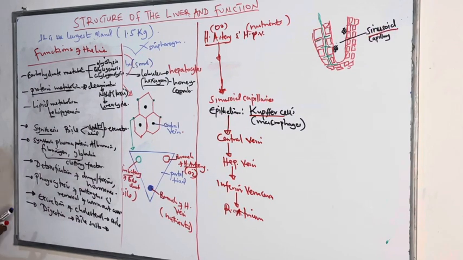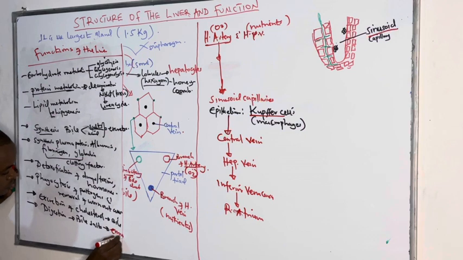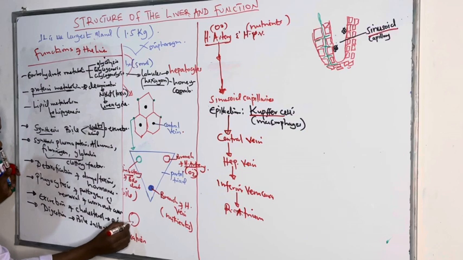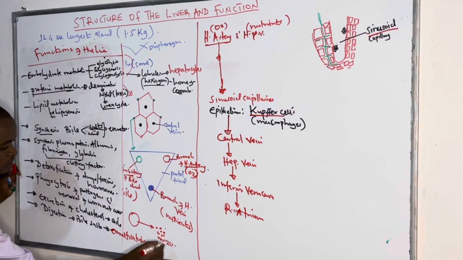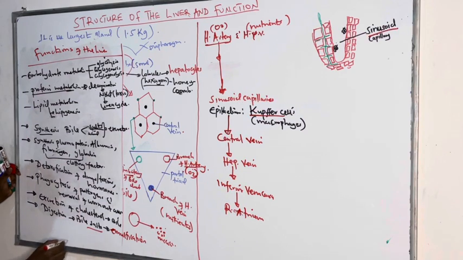They do a lot of emulsification or breakdown of big fat globules into smaller globules. Emulsification is when I have a big fat globule, it is broken down into smaller lipid droplets called micelles by the bile salts and the bile acids in the liver. And this process is what we are calling emulsification.